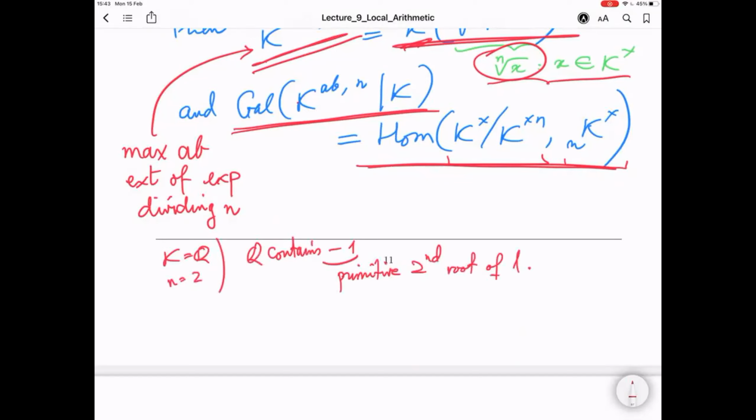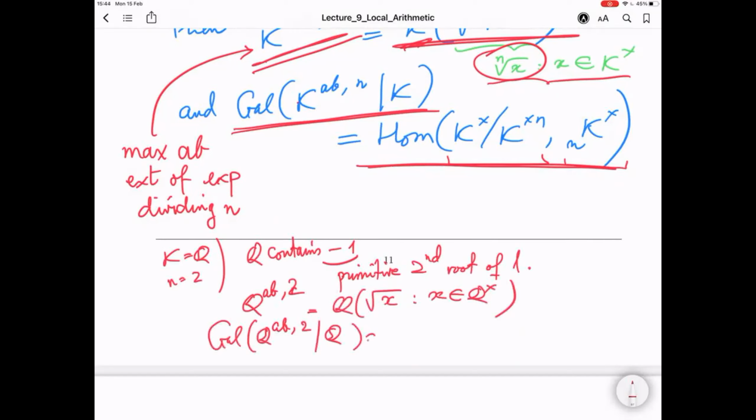So it would say that Q^ab_2, abelian of exponent 2, is equal to Q adjoined the square root of x for every x in Q. And the Galois group of this Q^ab_2 over Q is just the group of all homomorphisms from Q^* modulo squares into Z^*. Okay? So that is what Kummer theory says.